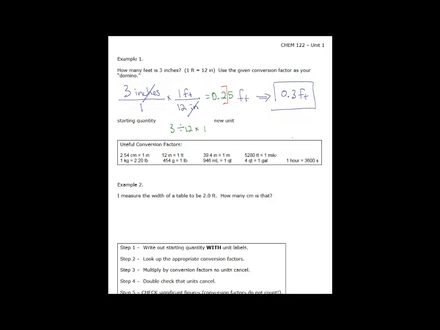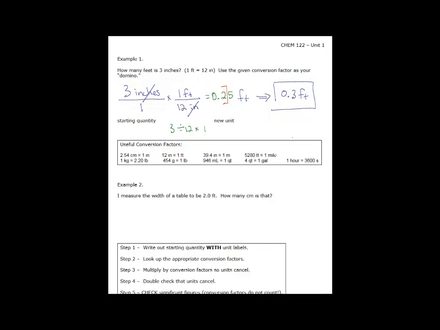So mega, kilo, centi, deci, all of those, you are expected to know those conversion factors. We will not give you those. But we'll give you how many yards are in a mile and that sort of thing.